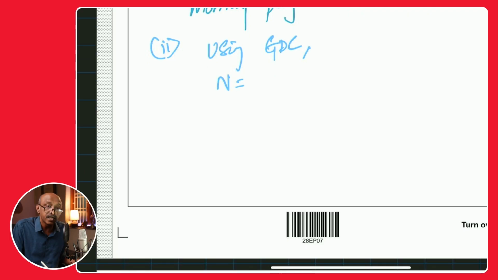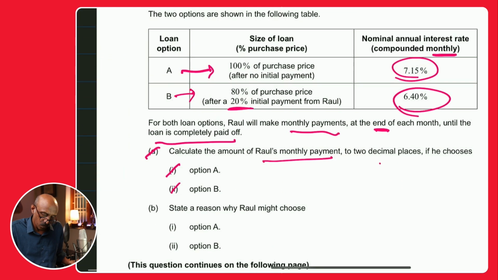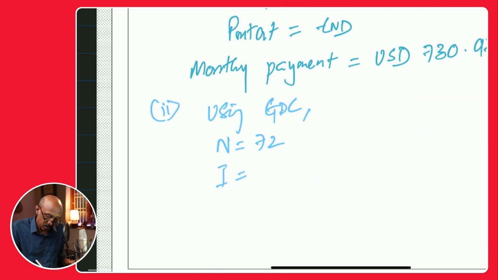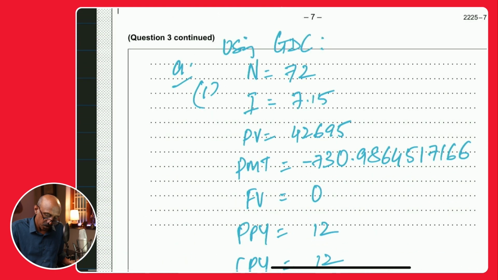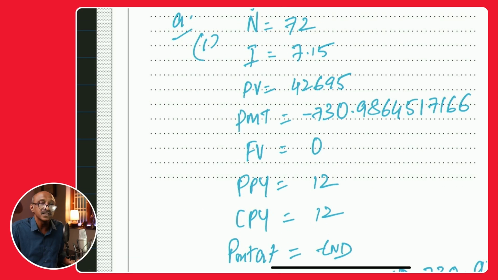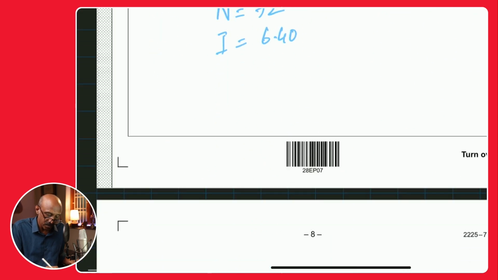Using GDC, N is again 72. I is, what was that? 6.40. And you don't have to enter the percent sign. You can just put it that way. Present value is what you need to enter. Present value this time is 34156.